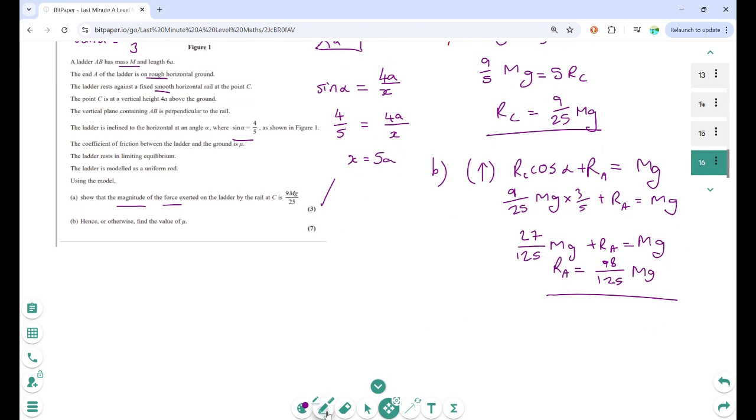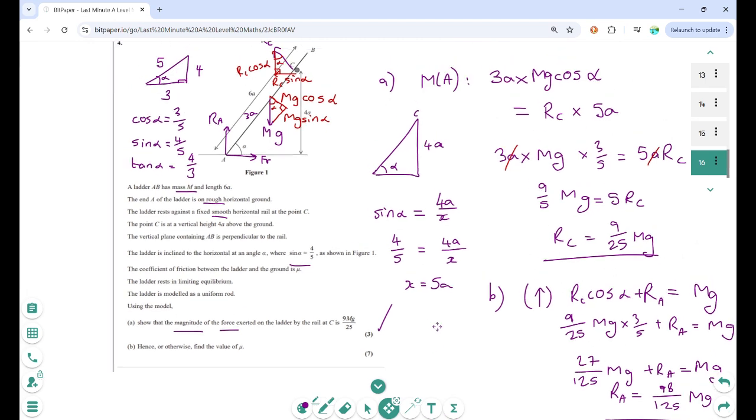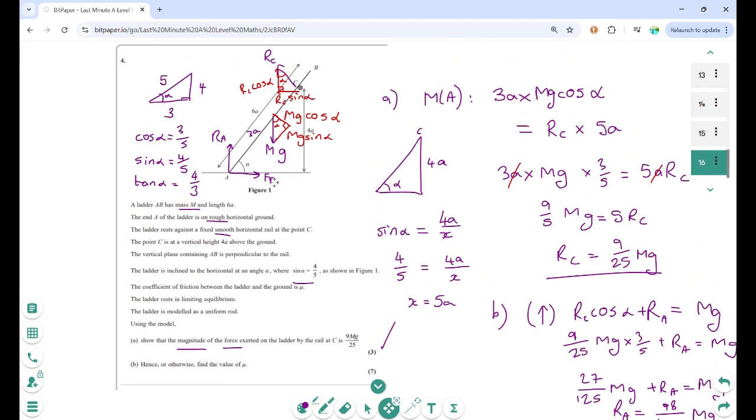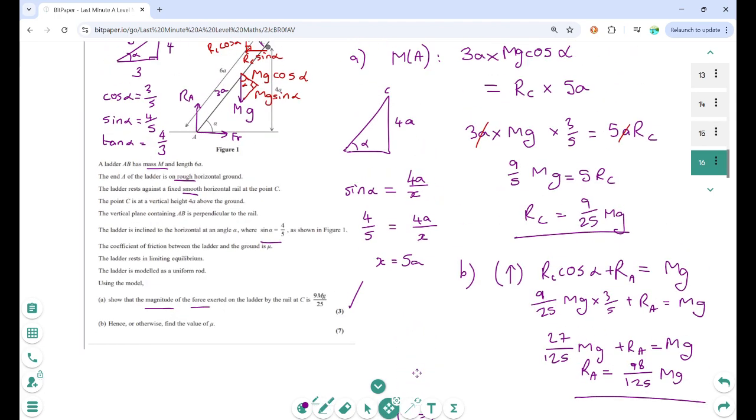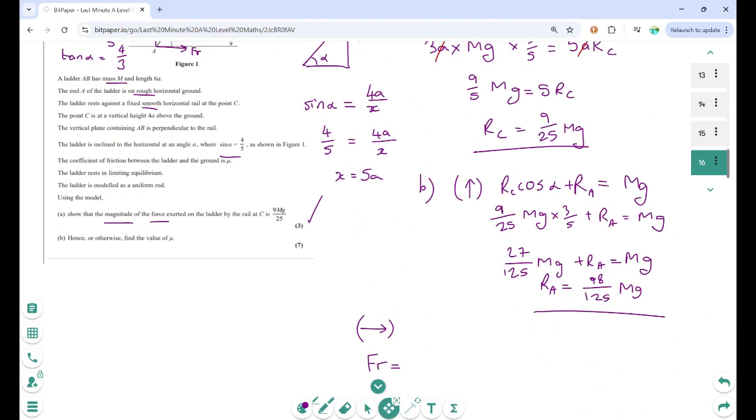So now let's go on ahead and do the only other thing we haven't done, which is resolving left and right. When we look at the diagram, we can see the forces: friction to the right, and RC sine alpha to the left. Those are the only two forces. So friction equals RC sine alpha.